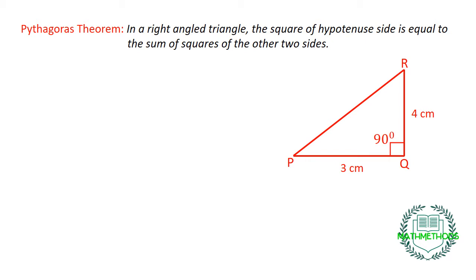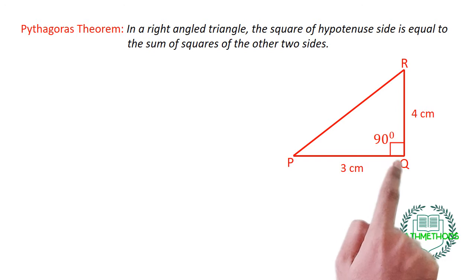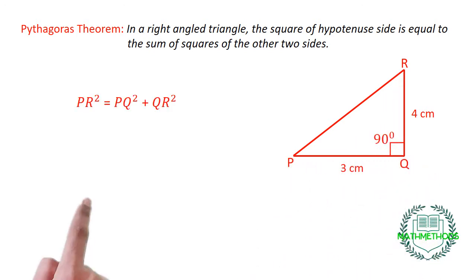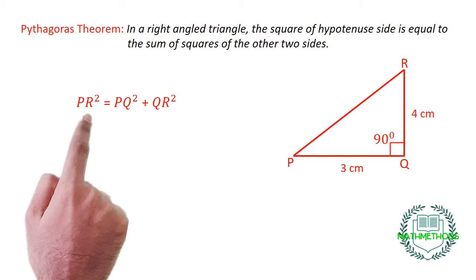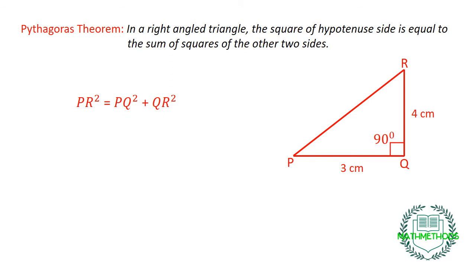Therefore, by Pythagoras theorem, PR squared equals PQ squared plus QR squared.